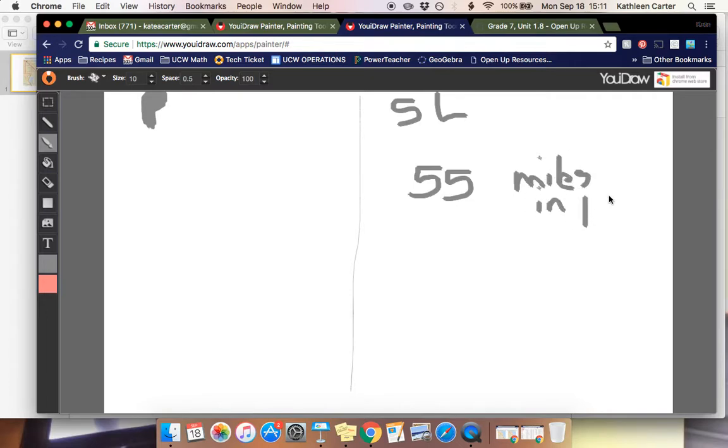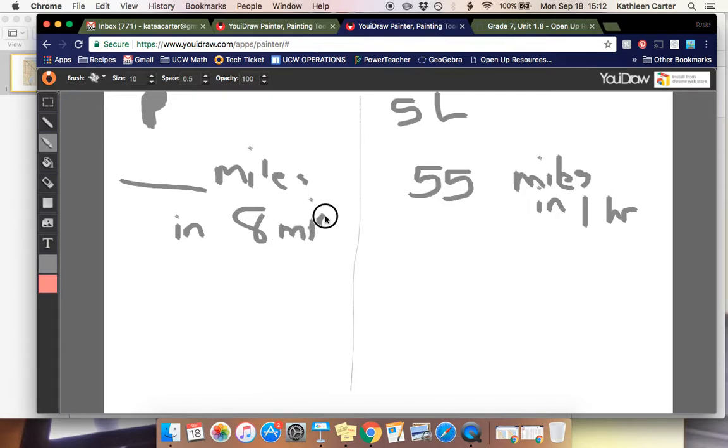That's what miles per hour means, in 1 hour. We know that Peters did some number of miles in 8 minutes. Looking at this, a couple things to start thinking about. One, like I already mentioned, we're missing miles. Two, we have minutes compared to hours. We're going to come to that next. But first, let's see if we can find our distance.